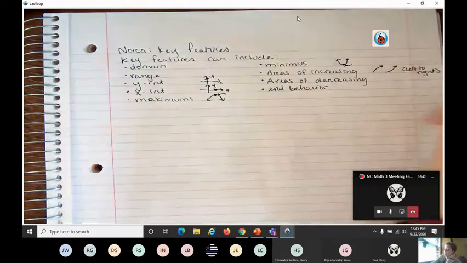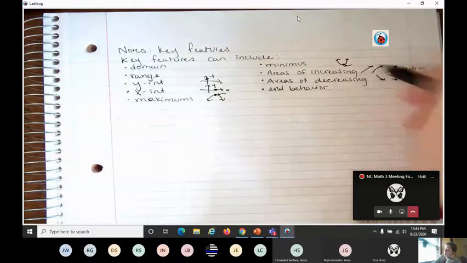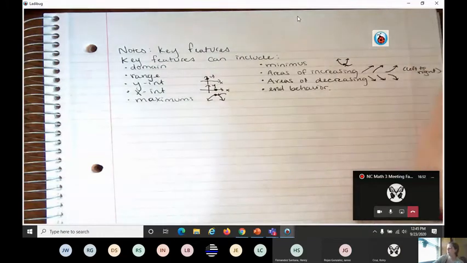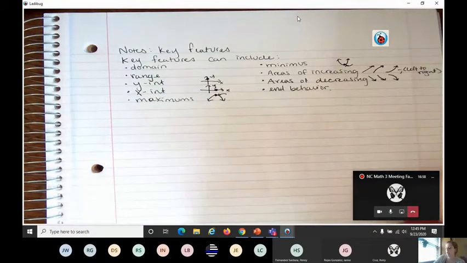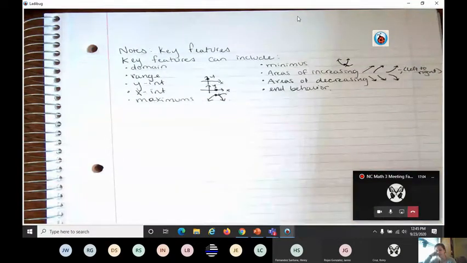And areas of decreasing are going to be when it's going down. Okay, you also could have a straight line instead of a curve, all right? But again, for both of these, you move left to right. All right. We talked about end behavior yesterday, and you guys should know domain and range. Questions on those key features?